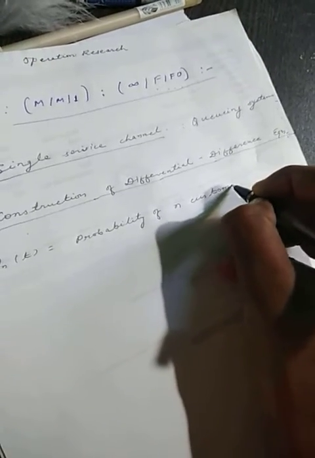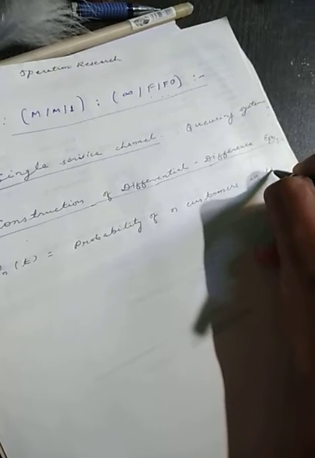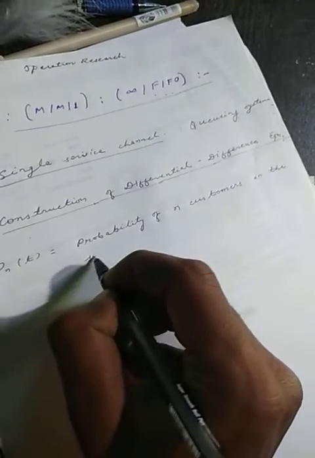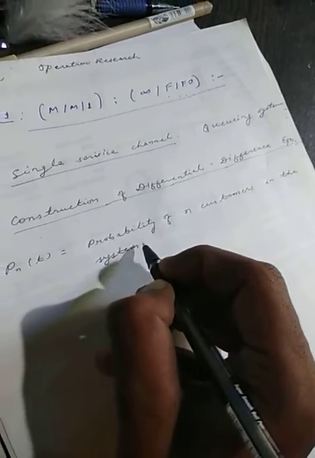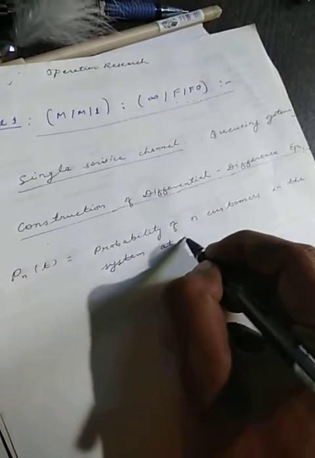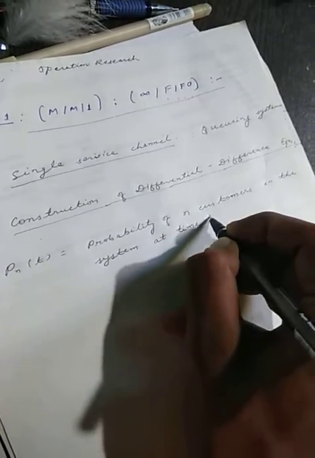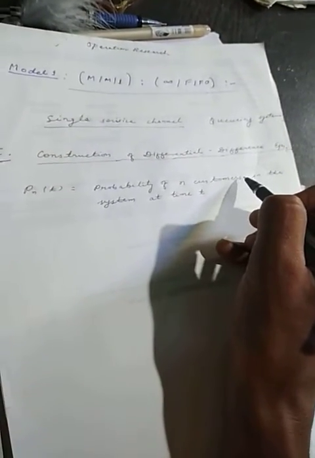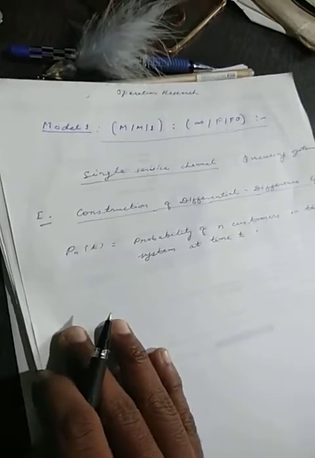This suffix n stands for number of customers in the system. By system I mean queuing system. At time t, this is the time variable. So at time t there are n customers, not consumers, customers in the system. This is our supposition.